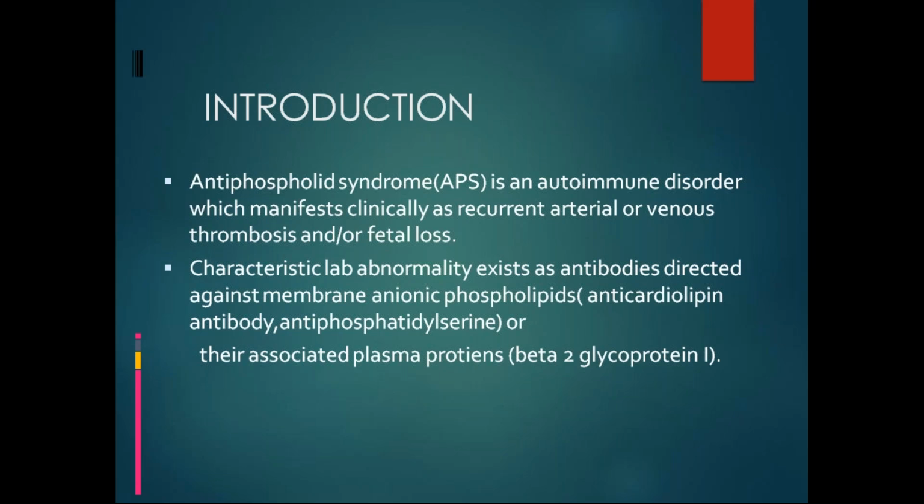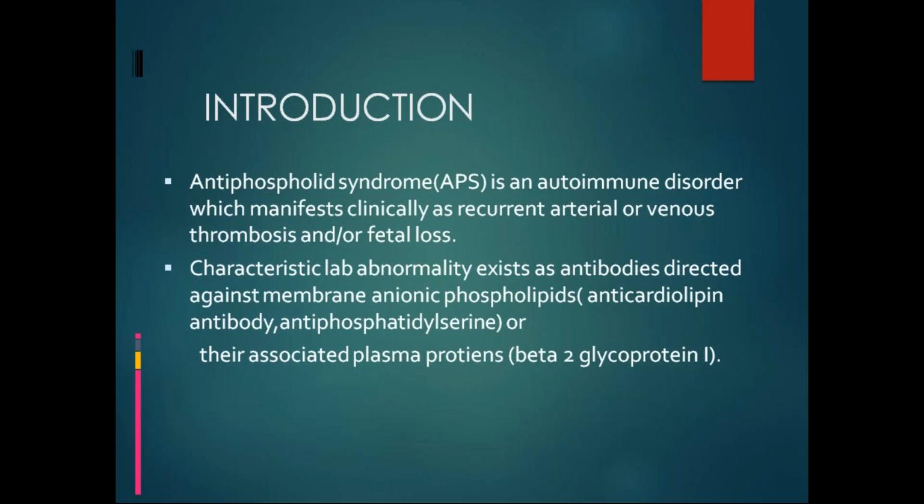Antiphospholipid syndrome is an autoimmune disorder which manifests clinically as recurrent arterial or venous thrombosis and/or fetal loss. The characteristic lab abnormality is antibodies directed against membrane anionic phospholipids or their associated plasma proteins. As you might know, antibodies develop against the plasma membranes of our body.